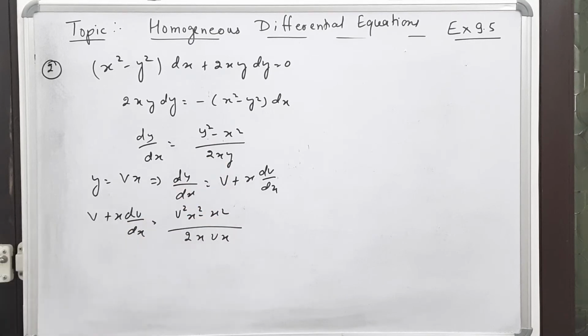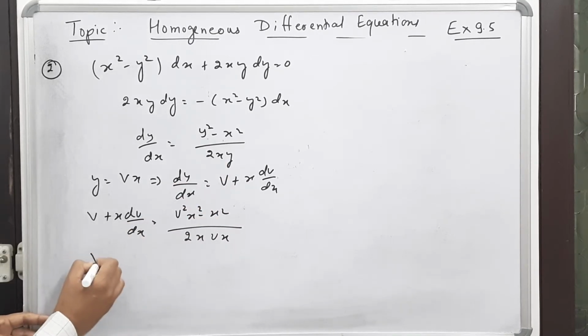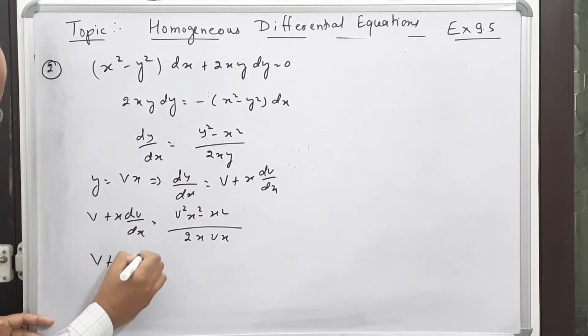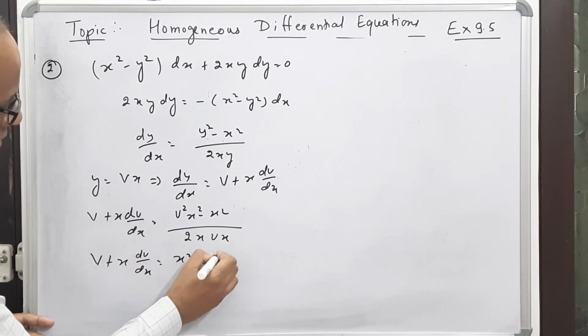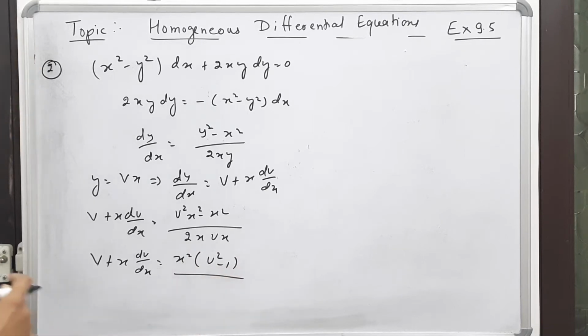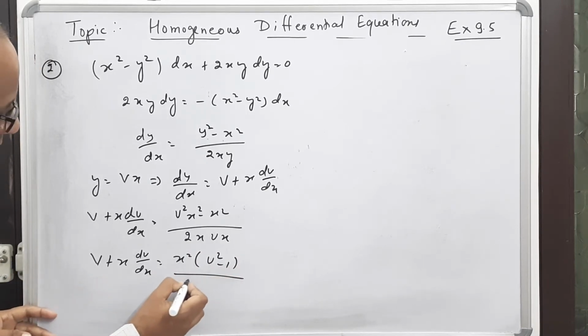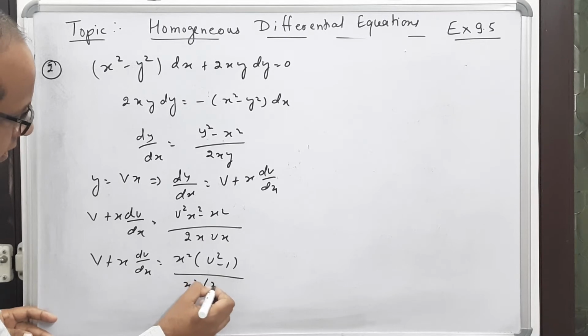This y will be vx. Now in the next step, it is v plus x dv by dx, and we take x square common, so (v square minus 1), and the denominator will be x square and it is 2v.